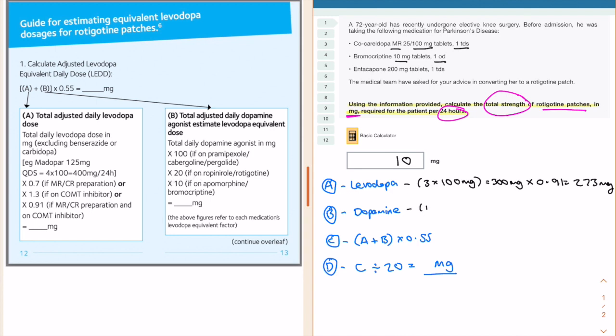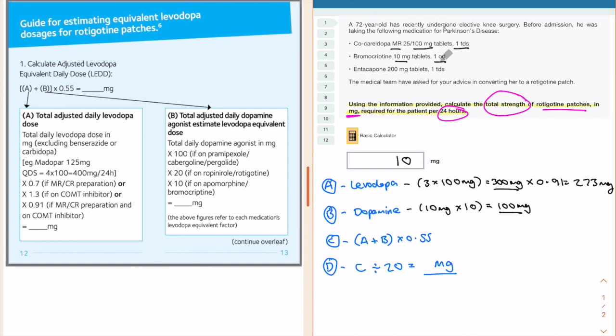So it's 10 milligrams, which is what we took as their total amount they're taking a day, and we times that by a factor of 10, which is the number we got from the resource pack. That gives you an answer of 100 milligrams. Remember, this is for the total daily dose. It's very important that you look at the frequency that the patient is taking in the scenario you're given.